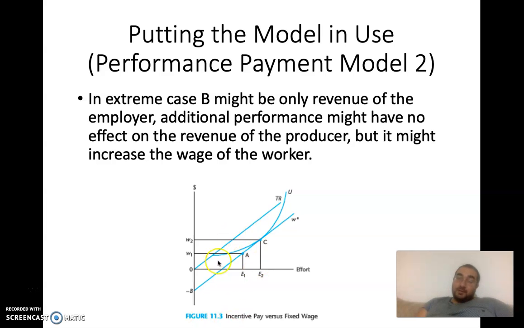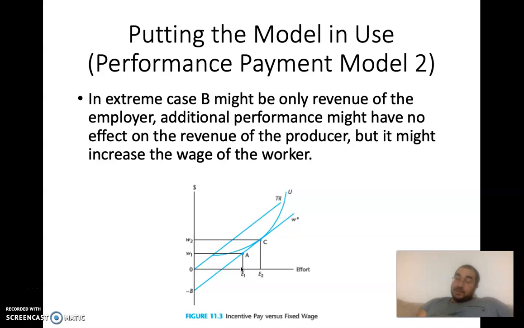That's the case when the measurement of effort is basically done by measuring the number of goods or services produced by the worker.